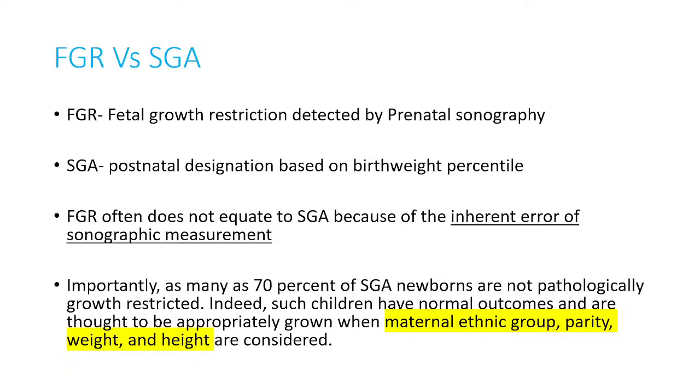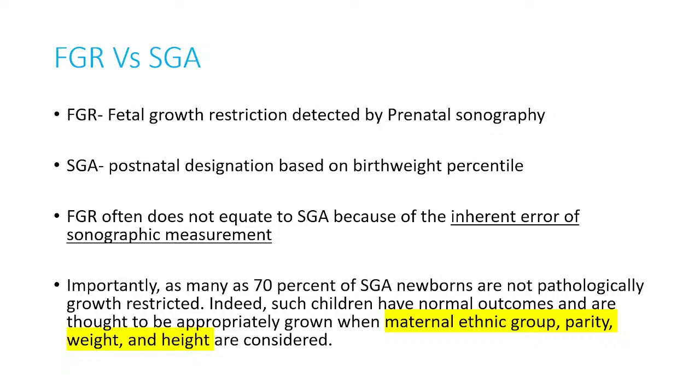Then SGA is not always pathological also, because the mother of the baby may be of small height, and the father may be of small height. If both parents are small, in that case the baby will also be small. That is called constitutionally small. And certain races like Chinese people and Japanese people are of short height.